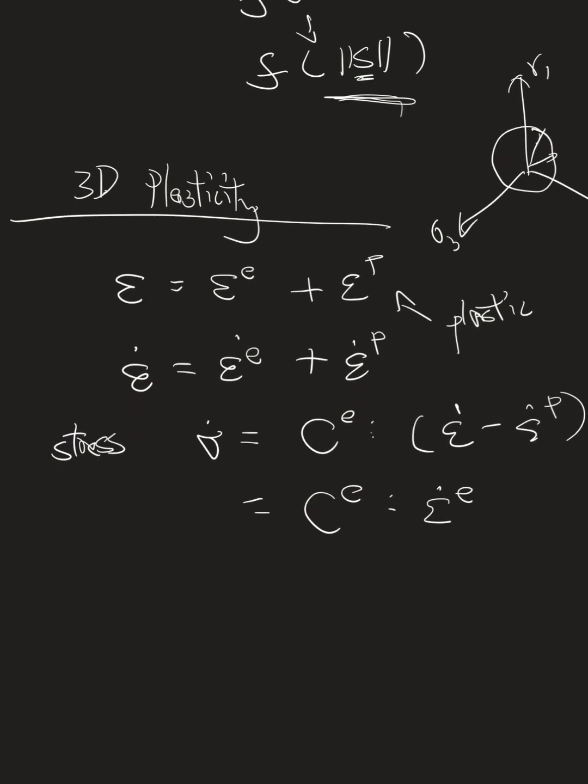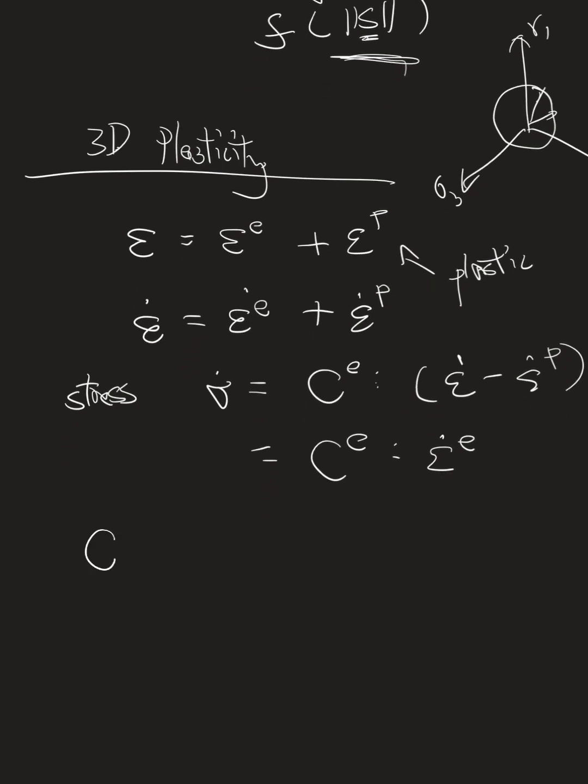Okay, so the double dot here has a very specific meaning. If you're familiar with tensor calculus, it means C_ijkl times epsilon dot_kl, with k and l as dummy indices. This is an extension of the vector dot product.